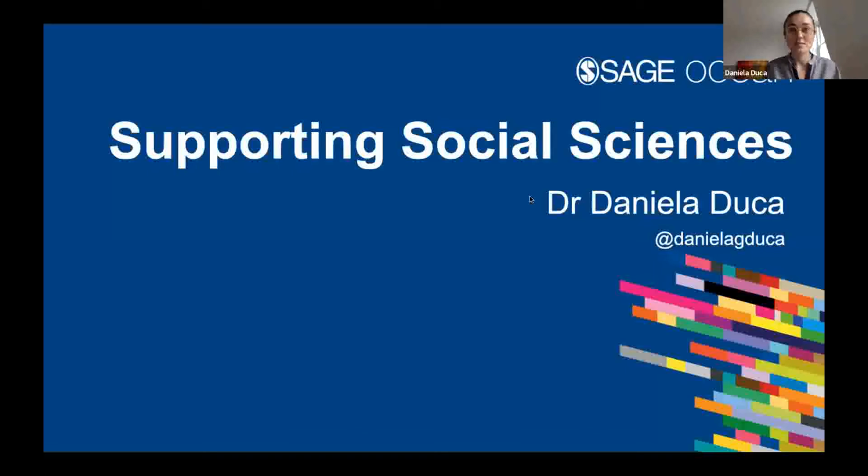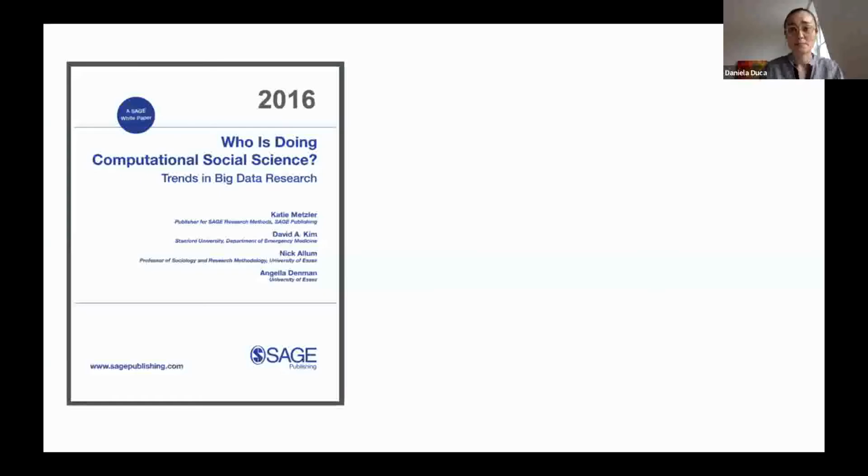And we've always had this mission to raise the value and the impact of social science research. So over the years, we've done this through our research methods content, and we've gone really beyond text and try to employ other forms of delivery like videos and other multimedia.